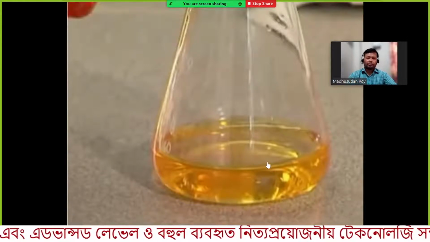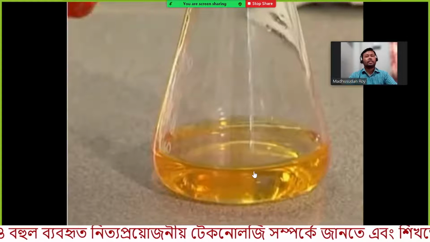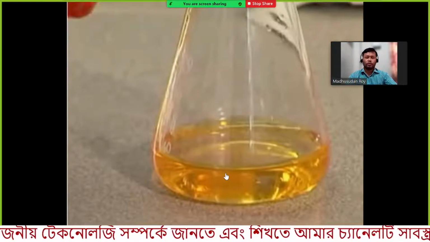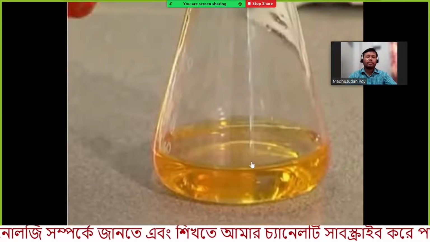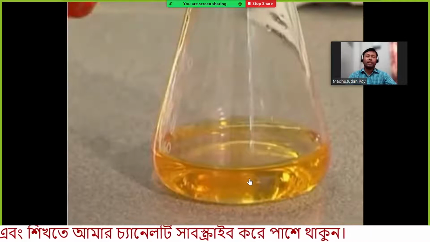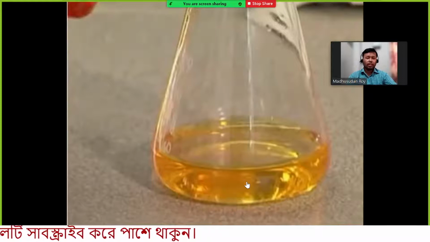Now add a few drops of the indicator here. You can see this is already, I would say, excess. The methyl orange indicator you should add just a few drops, not even this much. This is already a little bit closer to the orange red, though it is still in the yellow region.